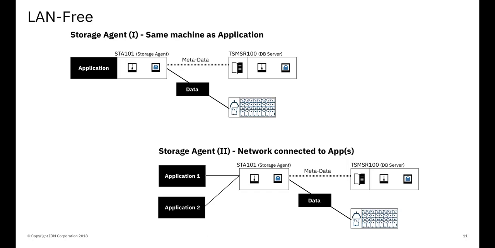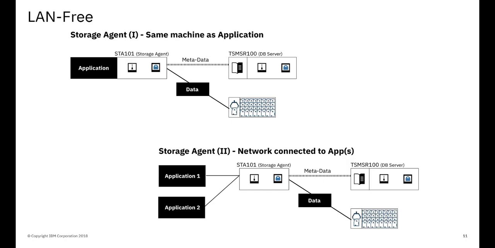And when we do the I/O, the buffers are actually occurring on that storage agent before writing it out to the actual device. Now, the meta information will still be sent over the LAN to the Spectrum Protect server and written into our Spectrum Protect database. But the data itself will be streamed directly to tape, and obviously the Spectrum Protect server will be coordinating with the storage agent to make sure that the right drives and right volumes are allocated for that backup or restore procedure.